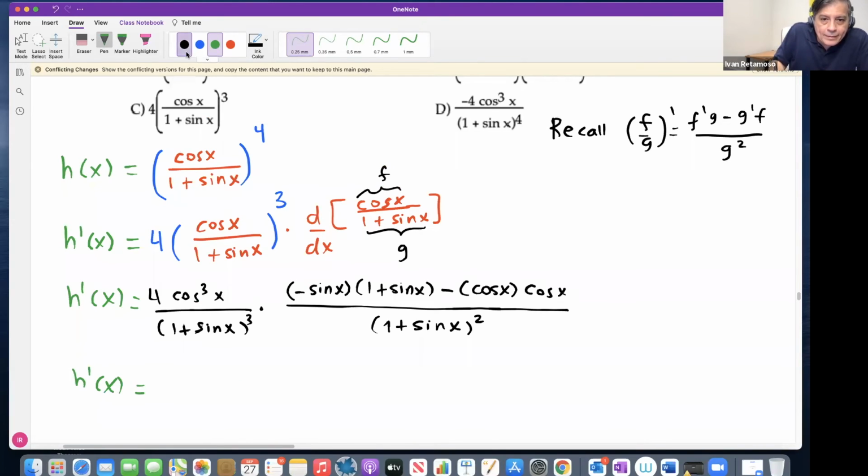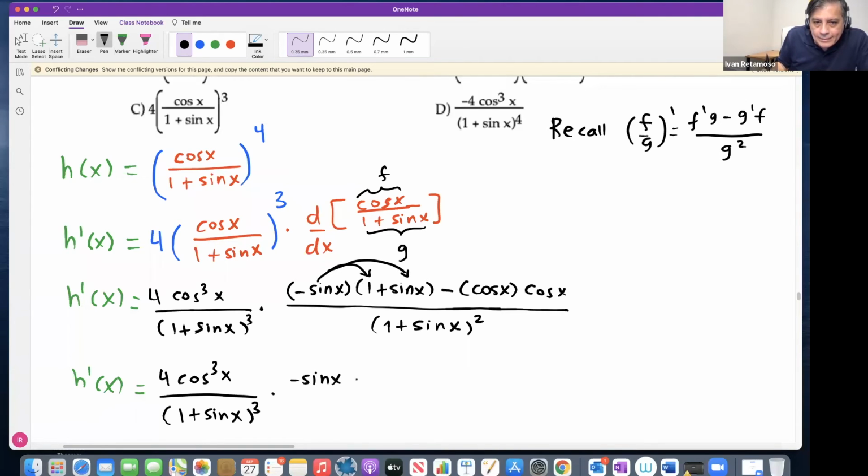4 cosine cube of x over 1 plus sine of x cubed, right? Times what? Distribute your multiplication over minus sine of x here: minus sine of x times sine of x is minus sine squared of x, right? Here minus cosine times cosine is minus cosine squared of x, all over 1 plus sine of x squared.